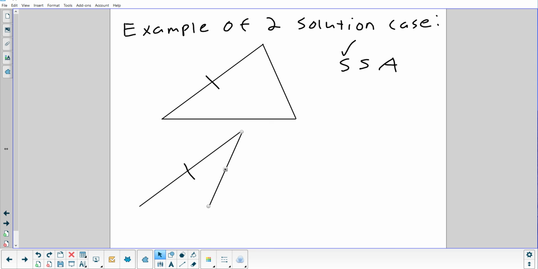By flipping it, is this side still the same length as that side? What do you think? Caitlin, what do you think? Well, showing the sides in the 2 marks, it is.